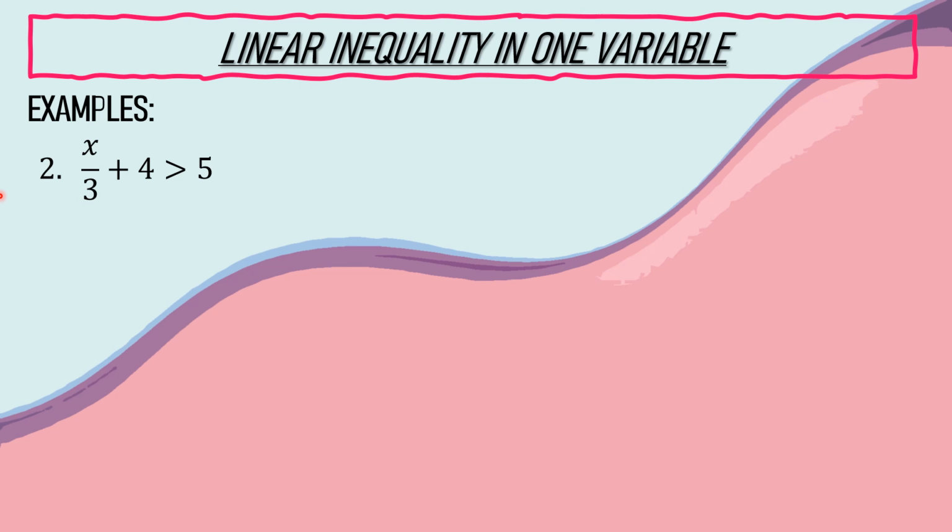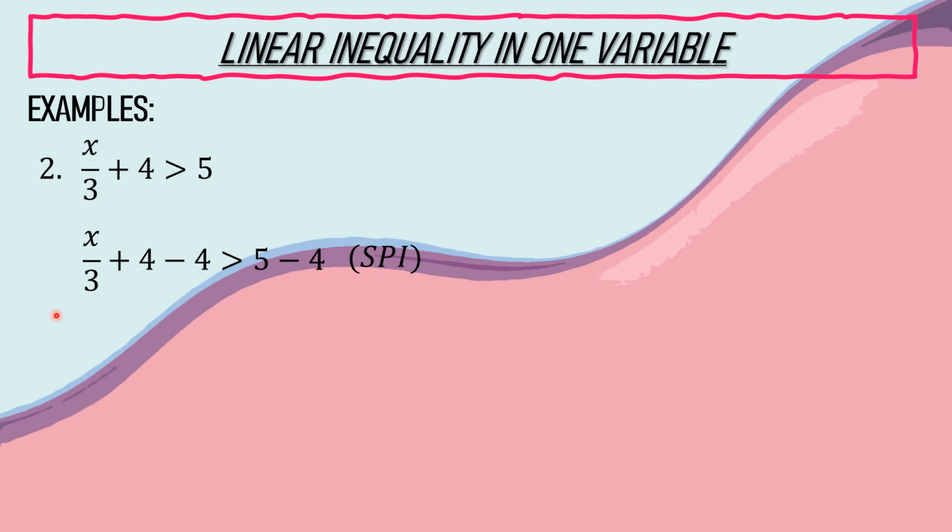So, dito, para makancel natin yung positive 4, we have to apply the SPI or subtraction property of inequality dahil kailangan nating isubtract or i-minus ang positive 4 sa negative 4, which is yung reciprocal niya, para maging 0 yung 4.